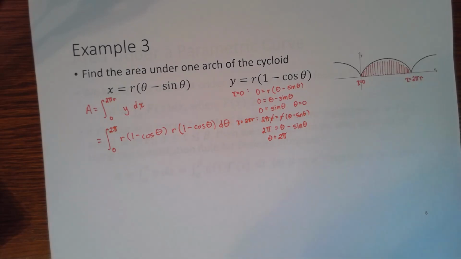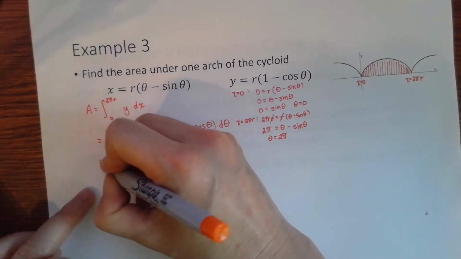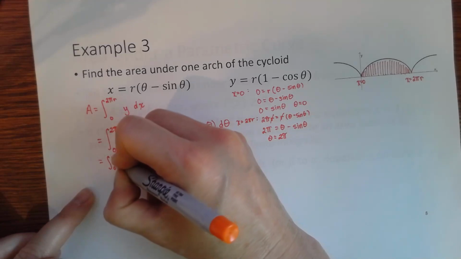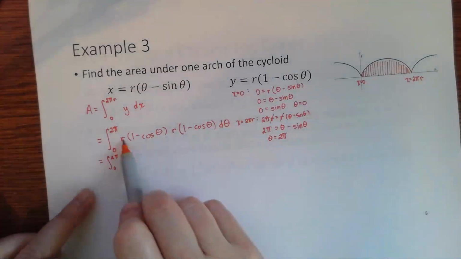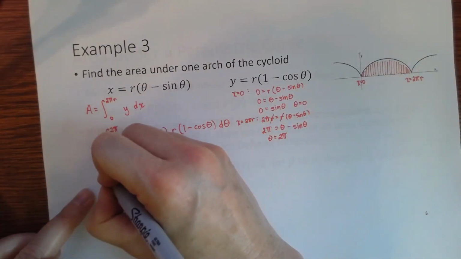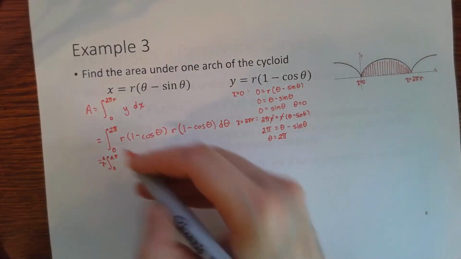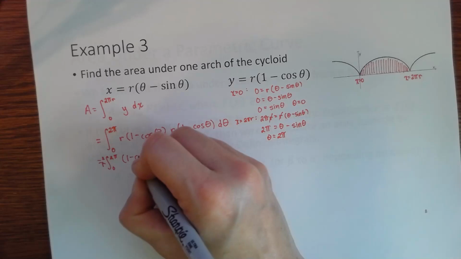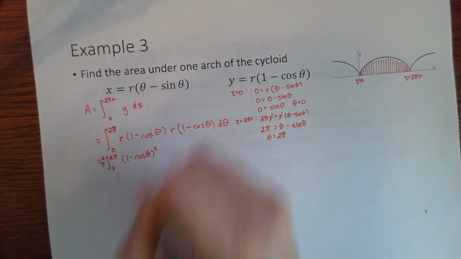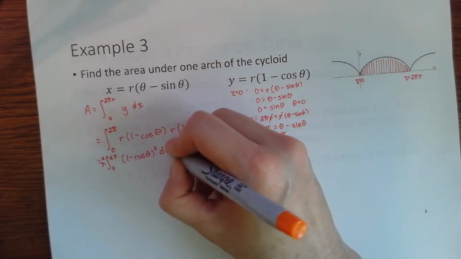All right, and so now we have everything in terms of our parameter, and we should be able to just take the integral. Okay, so let's rewrite this. This is 0 to 2 pi of r times r is r squared. I'm going to pull that out front. And then I have 1 minus cosine of theta times 1 minus cosine of theta, or 1 minus cosine squared of theta.